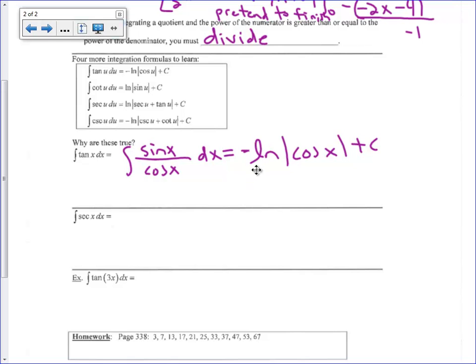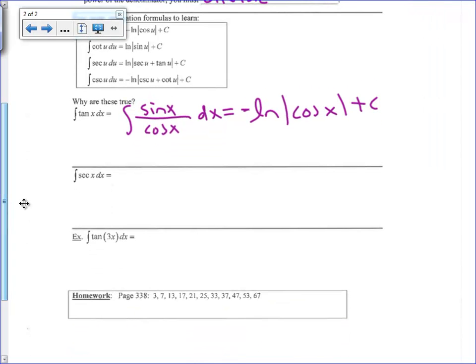All right, so hopefully that makes sense here for why the integral of tangent is negative natural log of cosine, because tangent is a fraction and it's almost u prime over u. So that's why it works out to be a natural log. Now secant is really, this one is funny.